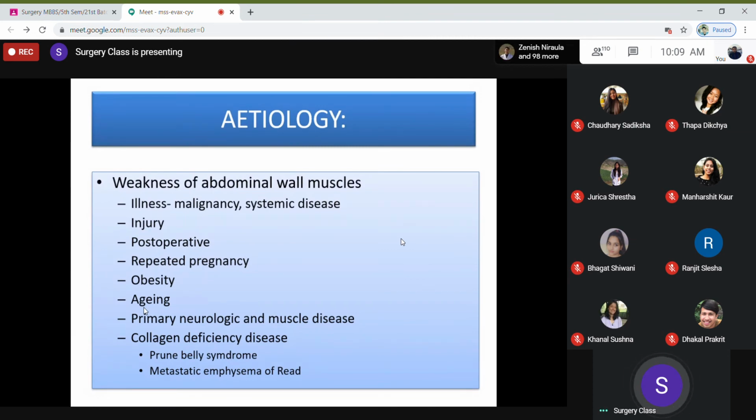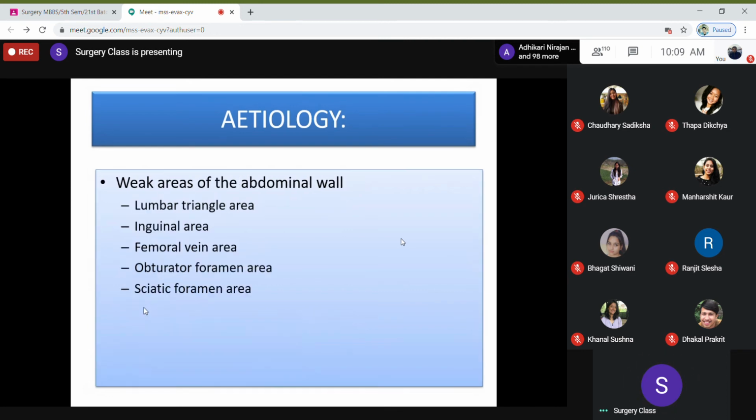And neurologic and muscle diseases, myopathies. And there are a lot of diseases, like prune belly syndrome or metastatic emphysema, read about them. These all have an effect on collagen deposition, or like in Down syndrome, these babies' collagen deposition is very low or not strong, so their wall gets weak and they start having hernia. There are so many other causes that might come across.